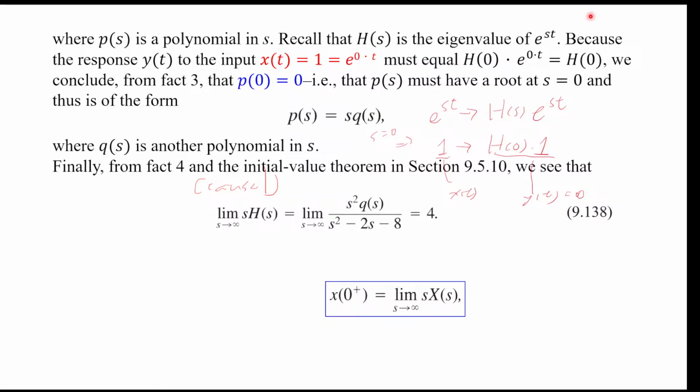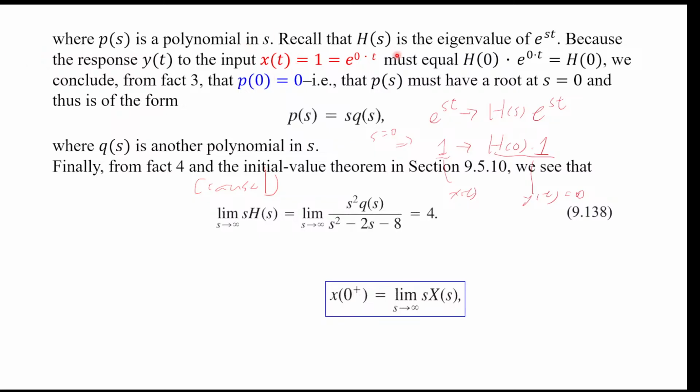How is this useful? Because x of t equal to 1 is actually a special case of e to the st. If you keep s equal to 0, then e to the st is e to the 0 times t, which is a constant for every t, and it's just 1.